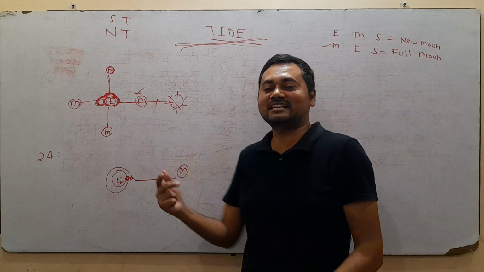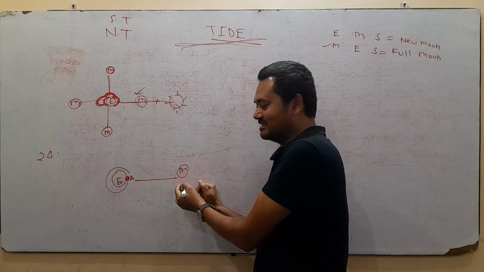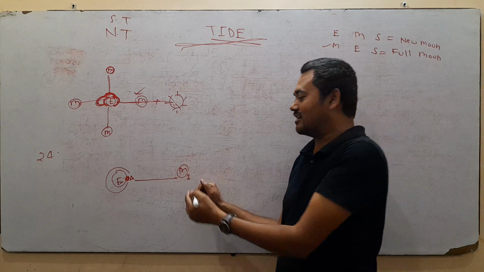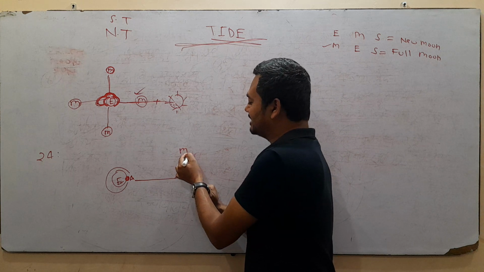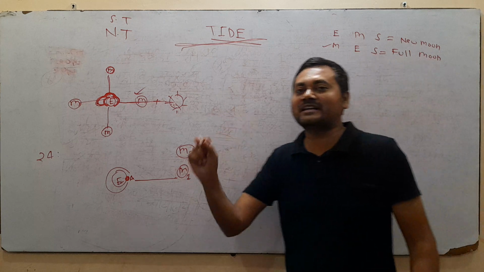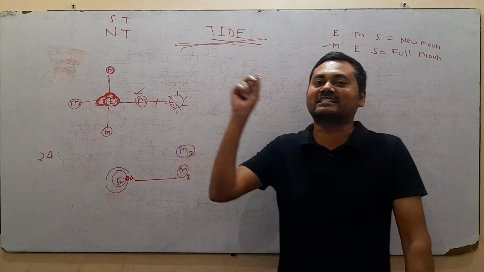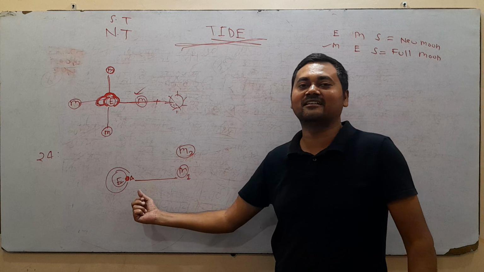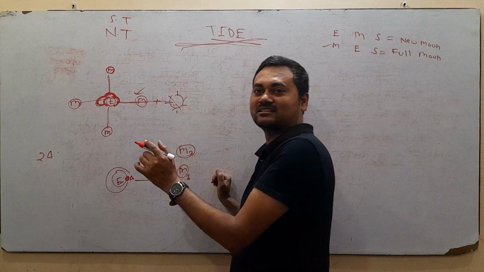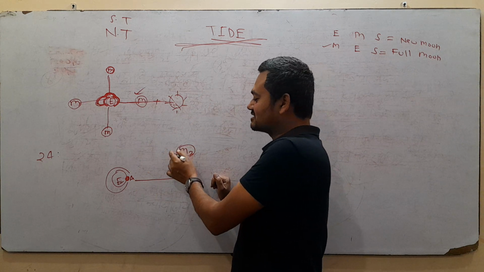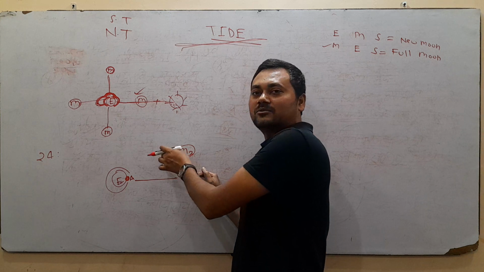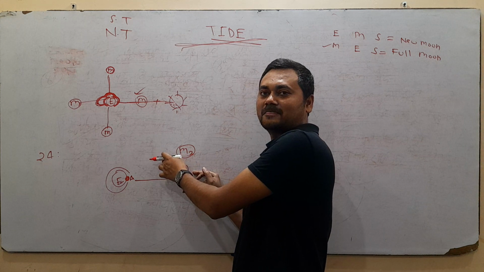The moon is not stationary. So let's assume the moon, this is the M1 position. Now what will happen? After 24 hours, the moon will reach somewhere here, and this is the M2 position. So you can experience the spring tide exactly at place A when A is coming exactly just below this M2 position, because the moon has covered some distance.